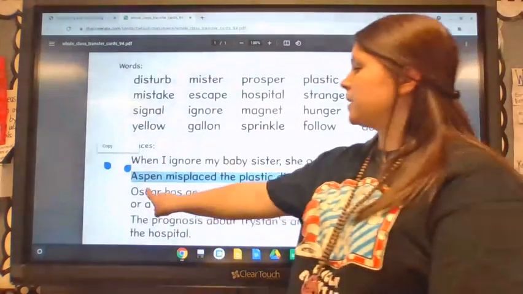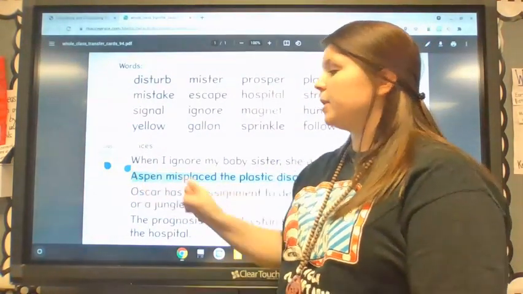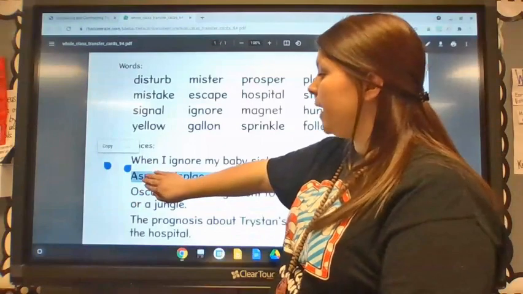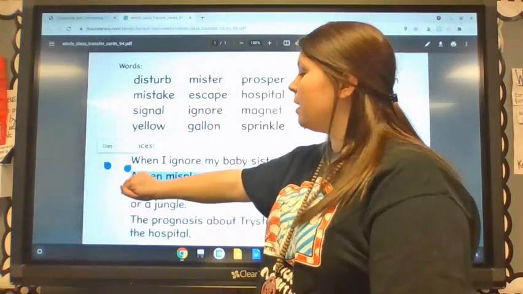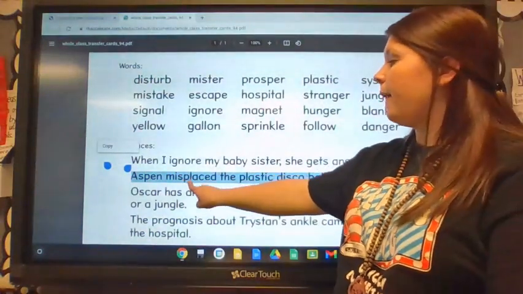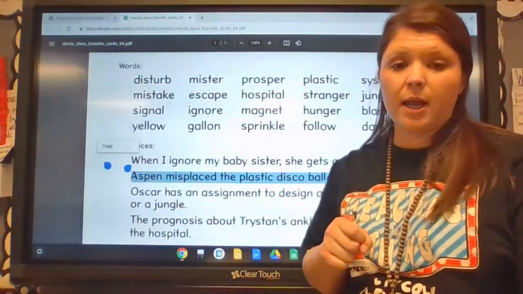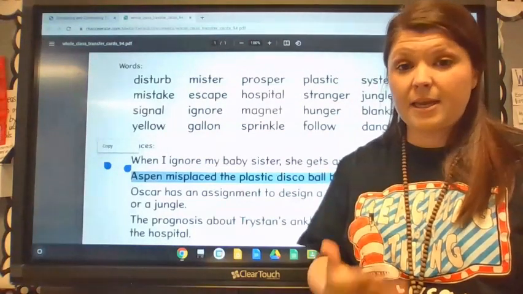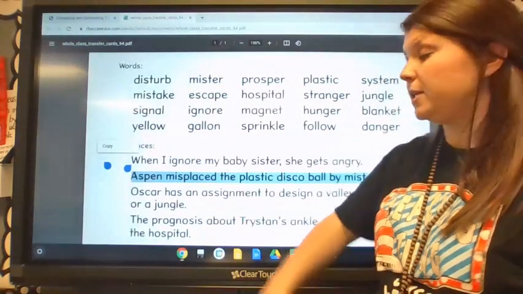All right, let's go back. So here we have a word that has a blend in the middle. SP is a common blend that is split. So we have the word aspen, aspen. Then we have another word that has that common blend. This is a three-letter S blend, but we know when we have M-I-S at the beginning, that is a prefix, and it will be in a syllable by itself.